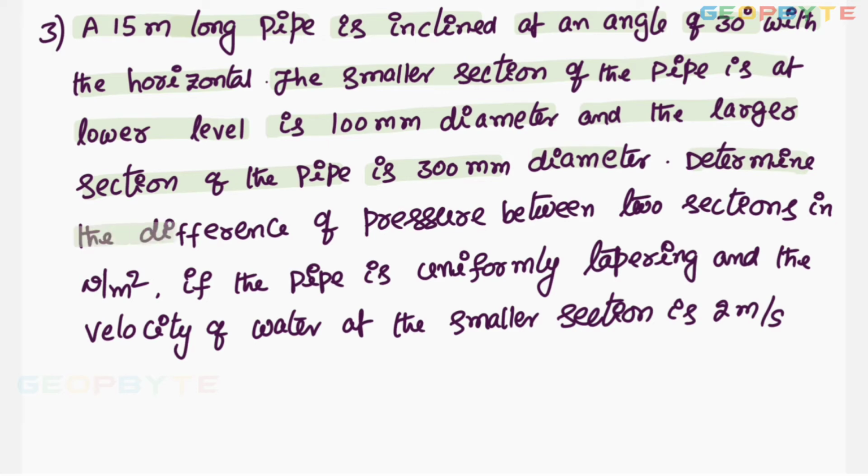Determine the difference of pressure between the two sections in Newton per mm square, if the pipe is uniformly tapering and the velocity of the water at the smaller section is 2 meter per second.